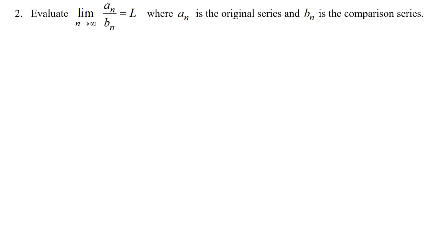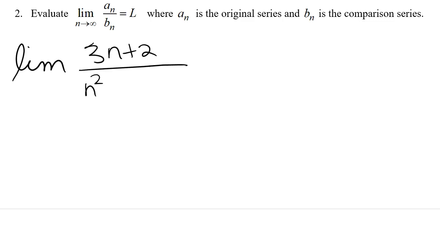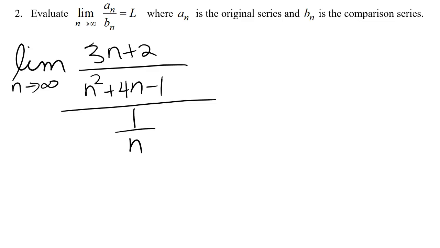So remember, that gives us the limit of a sub n, our original, which was 3n plus 2 divided by n squared plus 4n minus 1, and then we're going to divide this by b sub n. Remember, we said that b sub n was equal to 1 over n. And now we're going to simplify this.